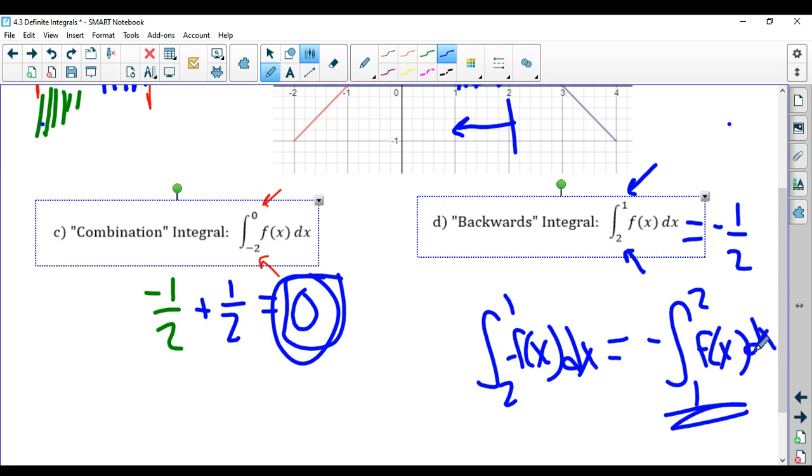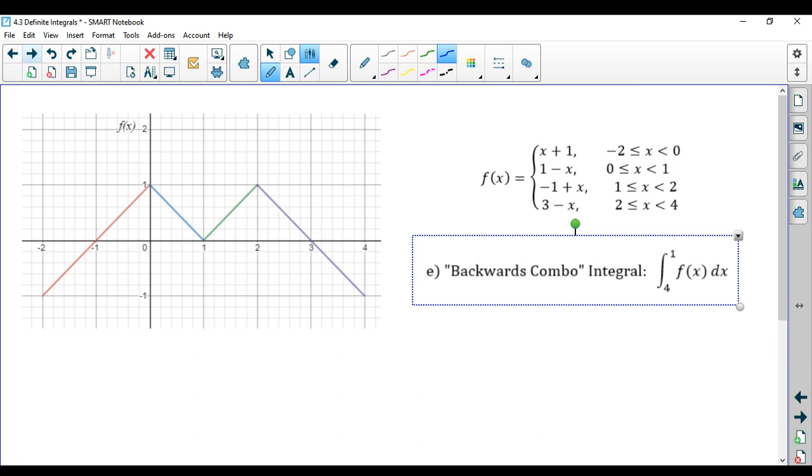So the last example is a backwards combo integral, meaning I'm going to go backwards and I'm going to go through both negative and positive graphs. So we're going to calculate the integral from 4 to 1, which means we're starting here, we're going this way, and we're ending here. So the integral is going to calculate this area, but it's going to calculate as positive because we're going backwards.